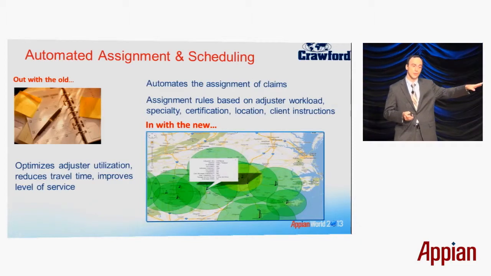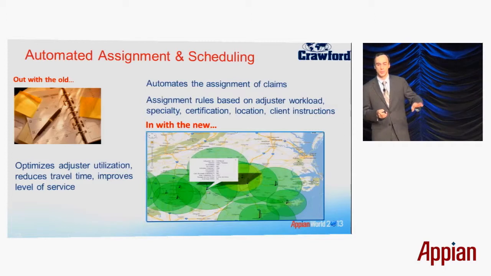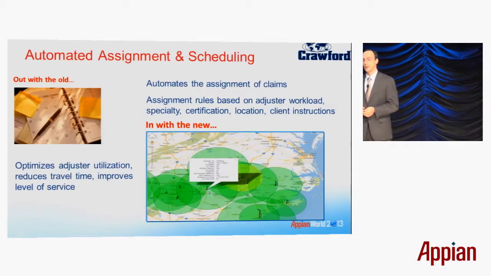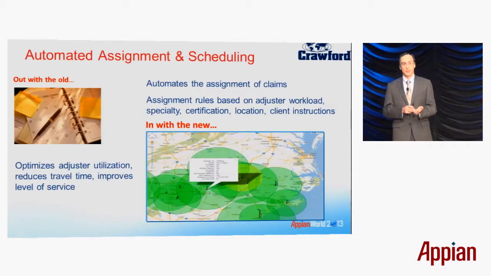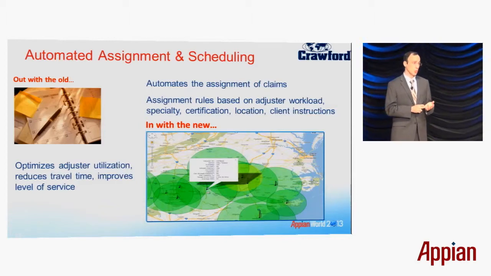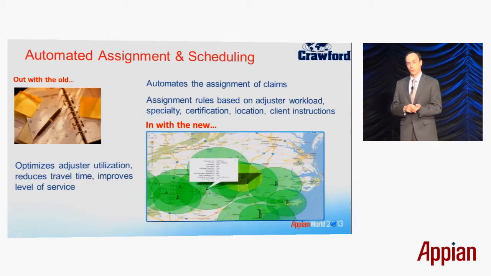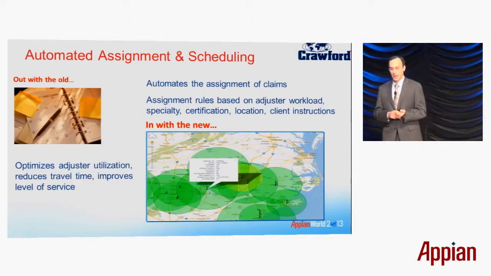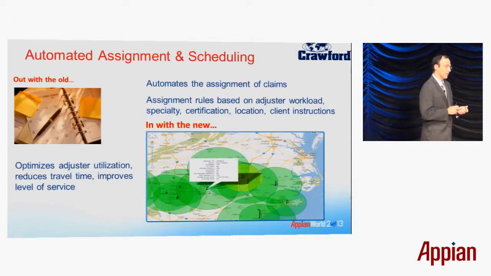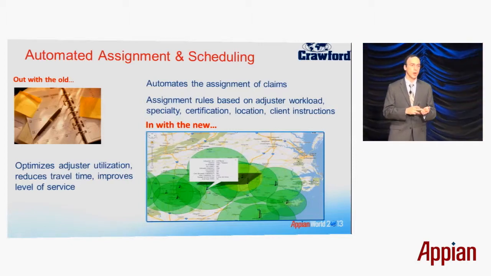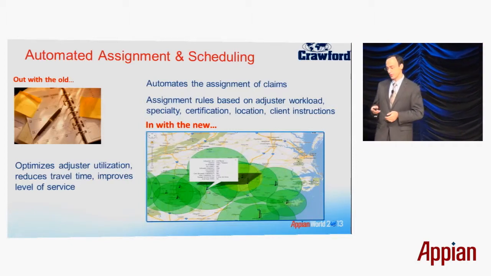I know this adjuster is there and they can probably work on this claim, so I'll assign it to him or her. First of all, that's extremely manual, takes a lot of manual work. Second, it's almost guaranteed it's not going to be optimal. It's very subjective assignment. And third, you don't have visibility into how it all worked out. Can you improve that process or not?